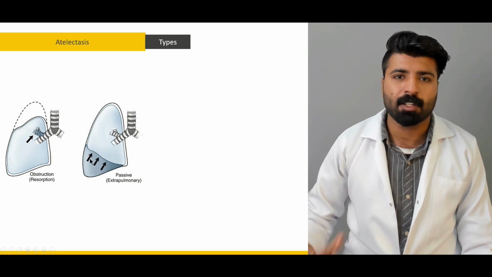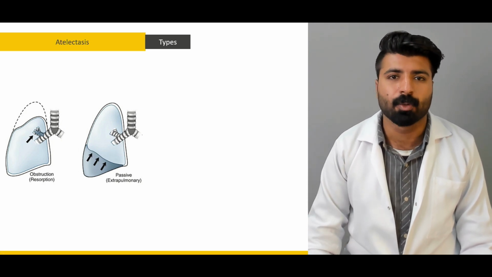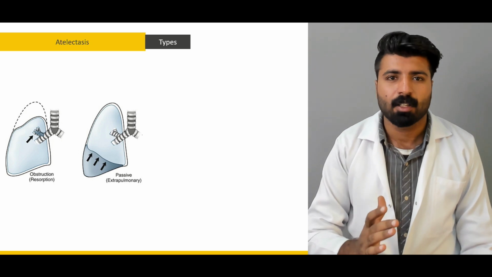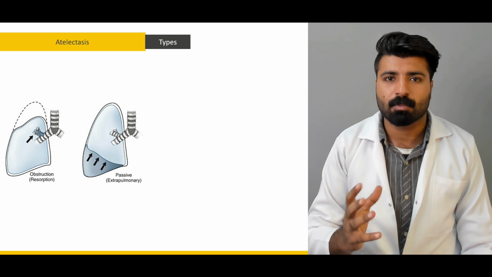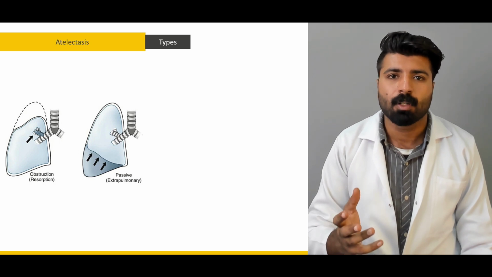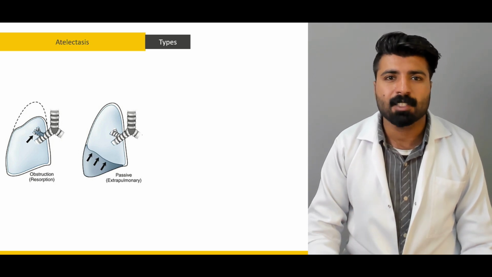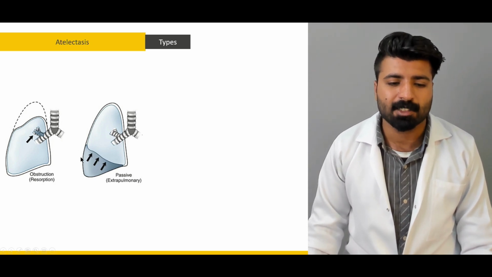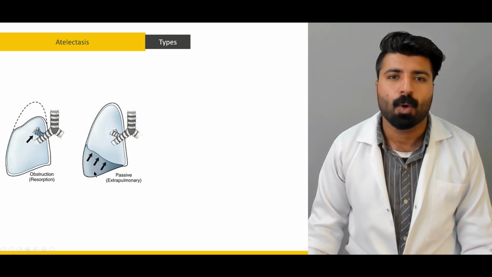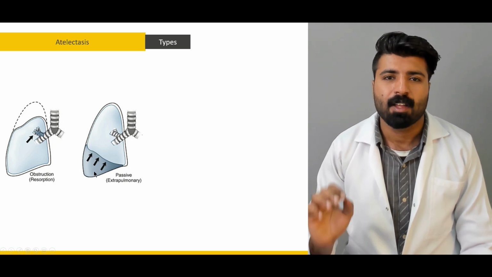For example, a patient is having a pneumothorax, air is rushing through, it's pushing the lung, it's pushing that whole area to the side so that area is not able to communicate with the blood vessels and anything. So that area might collapse. And this is the major example of it. In a pneumothorax patient, we're going to have a passive atelectasis.